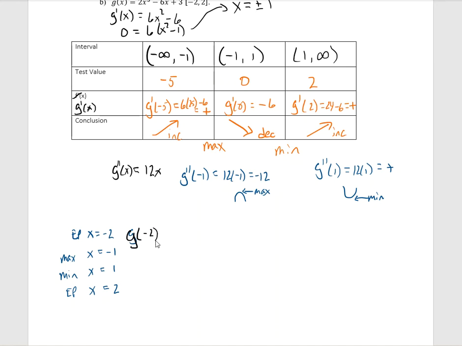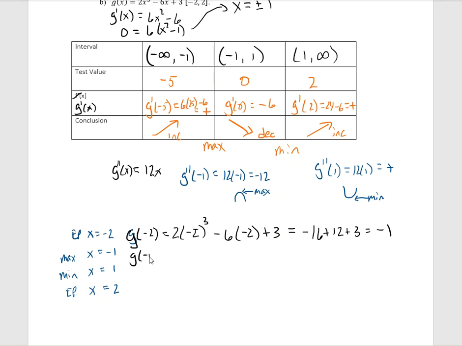G of -2. This is 2 times -2 cubed minus 6 times -2 plus 3. -2 cubed is -8. -8 times 2 is -16, plus 12, plus 3 is a -1. All right, so we have a point -2, -1.